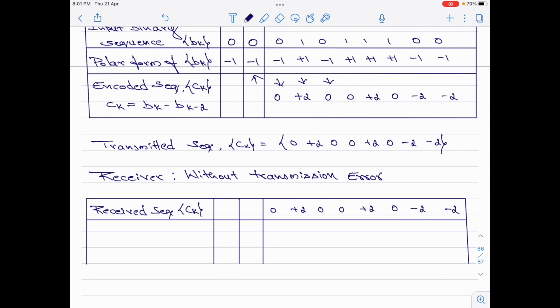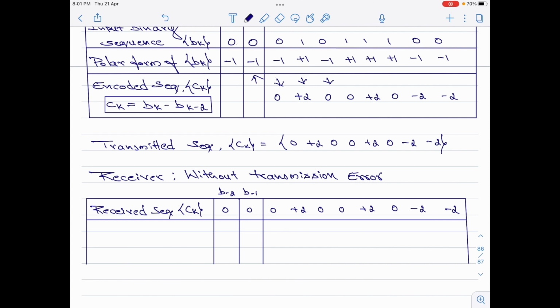I'm going to use B minus 2 and B minus 1 here, which is 0, 0. Now, come back to the transmitter part and look at the equation that we have used to generate the sequence. This is CK is equal to BK plus BK minus 2. Therefore, at the receiver part, if I want an estimate of BK, I will rearrange this equation.